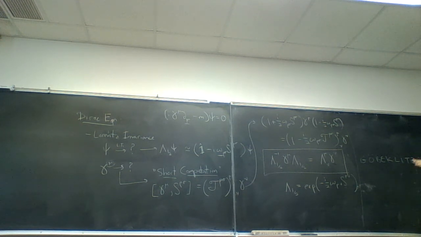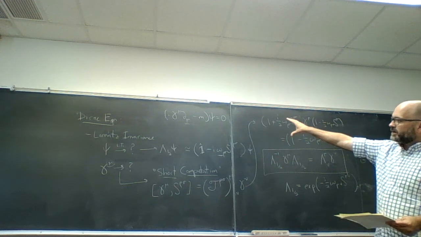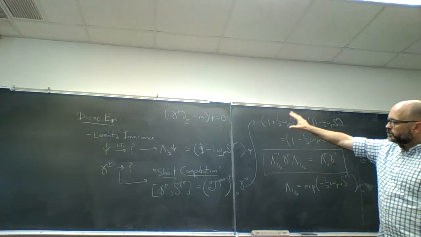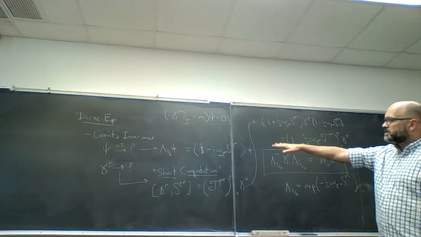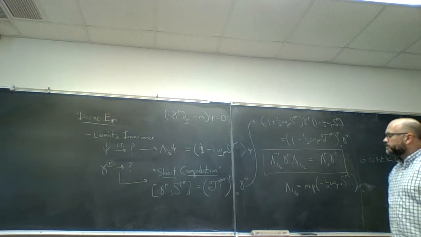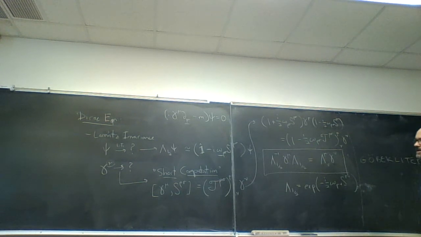Okay, so I'm outlining the idea here. We're after how the Dirac equation transforms. We have to figure out how psi and gamma mu transform. Psi, we know how it transforms. We talked about that a couple weeks ago, through these generators.